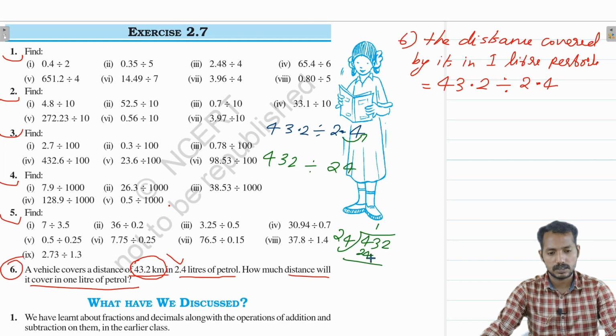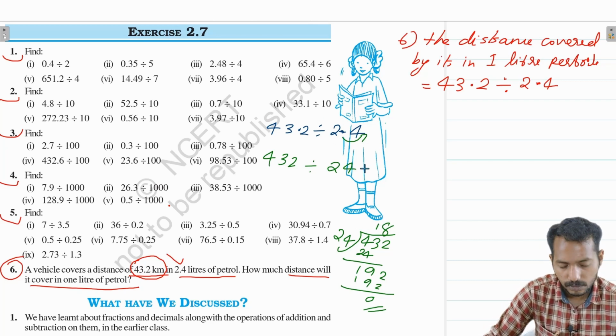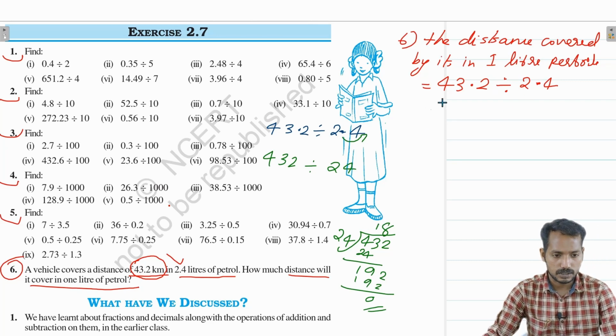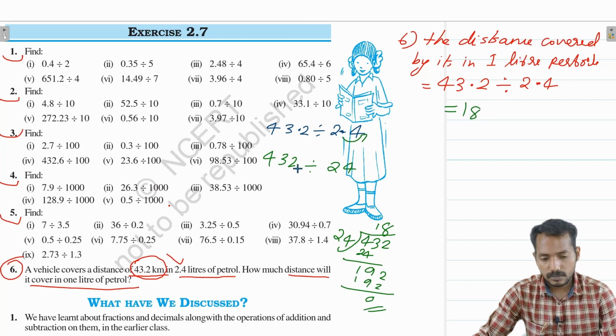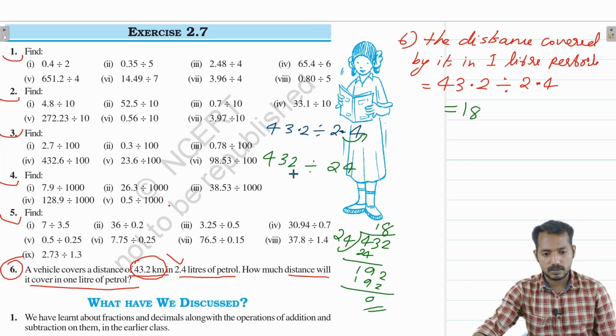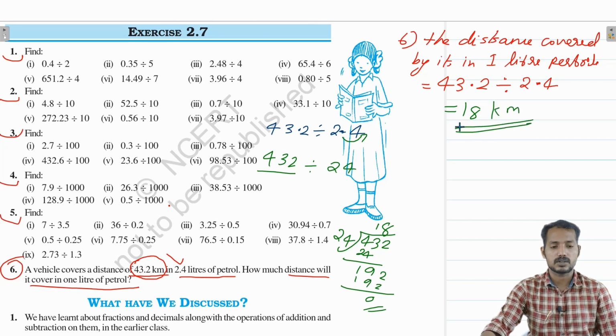Subtract, we will get 19, bring down 2, 192. 24 times 8 is 192. So we have got the quotient 18. As there is no decimal point in the numerator, we don't need to keep any decimal point in the result. So 18 kilometers, that will be the answer.